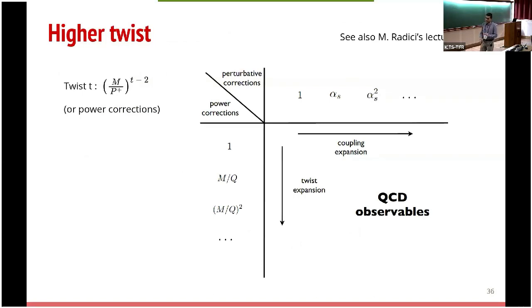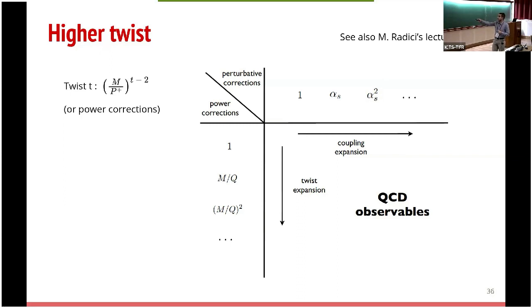Okay, let's try to say a few more words on higher twist. So looking at Marco's slides on the first day, you can see that some specific observables like cross sections or asymmetries in QCD can be decomposed in different ways, which are complementary, actually.